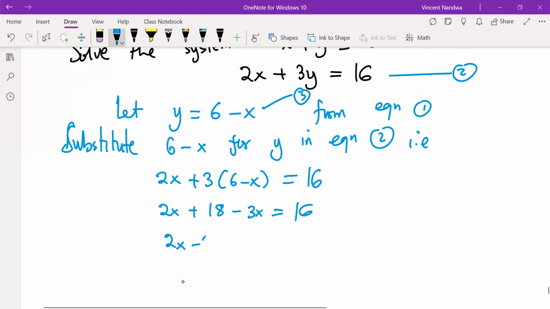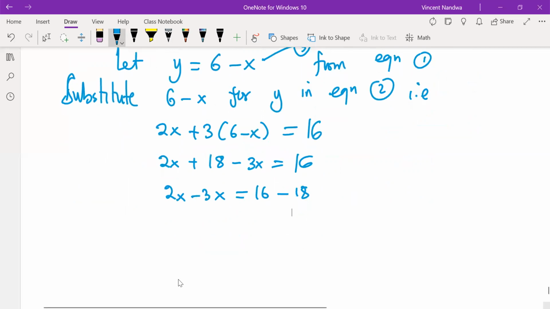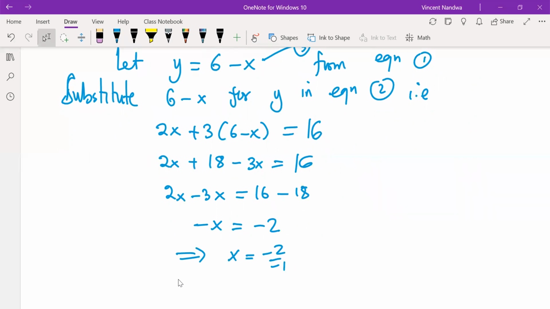So 2x minus 3x equals 16 minus 18. 2x minus 3x is minus x equals minus 2. So this means x equals minus 2 over minus 1, which is 2. Having the value of x, we easily get the value of y from equation 3. So y will be 6 minus the value of x, which is 2, which is 4.